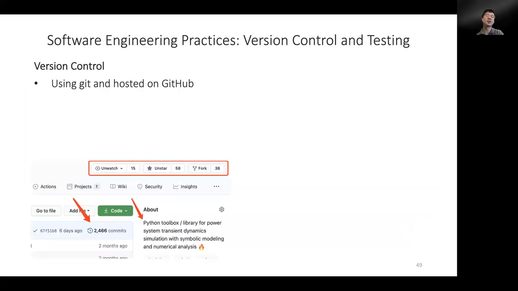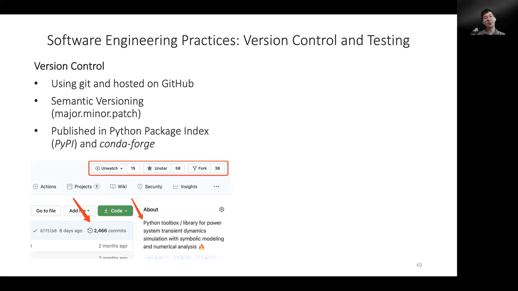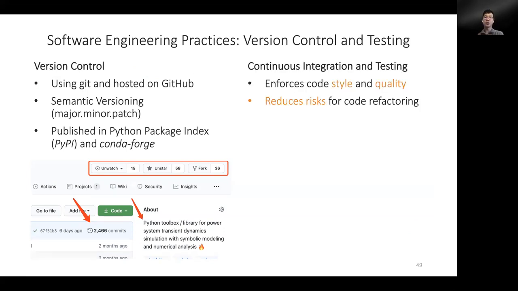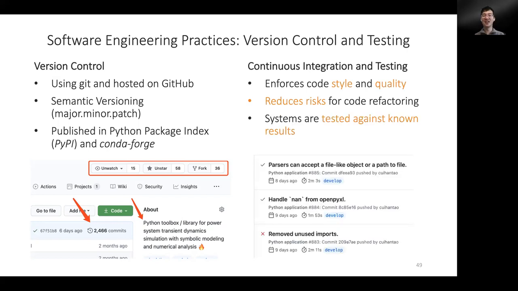So Andes, of course, is an open source project being developed. So it uses software engineering practices, including version control, semantic versioning, and automatic publication as a Python package. Also, Andes uses continuous integration and testing to enforce code style and quality, and also reduce risks for code refactoring, because we don't want to change code without knowing some issue going in place.